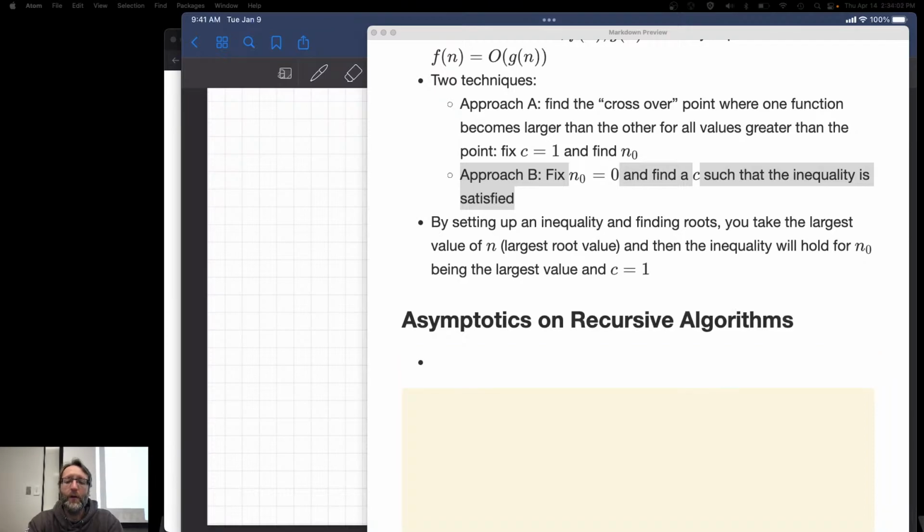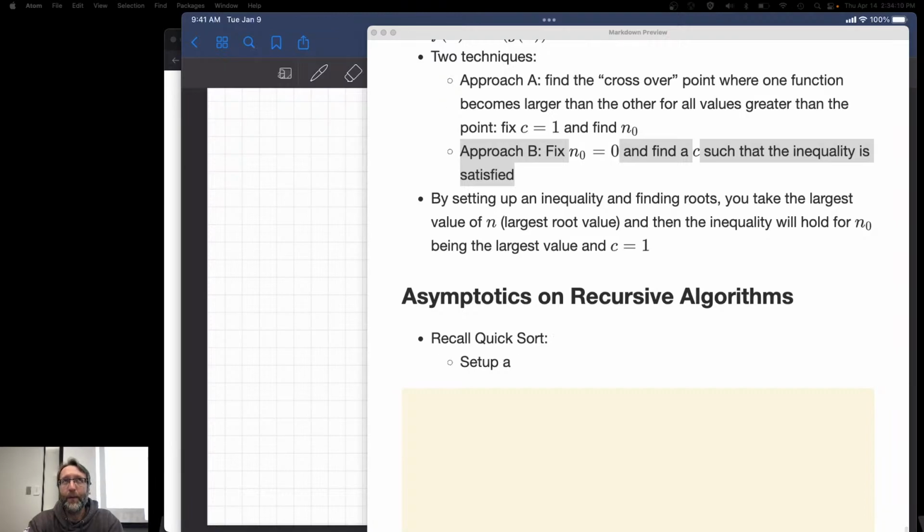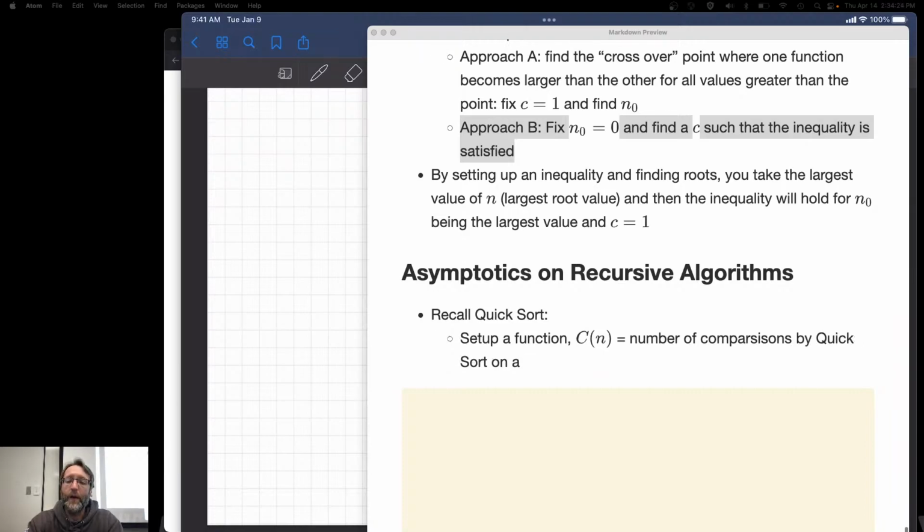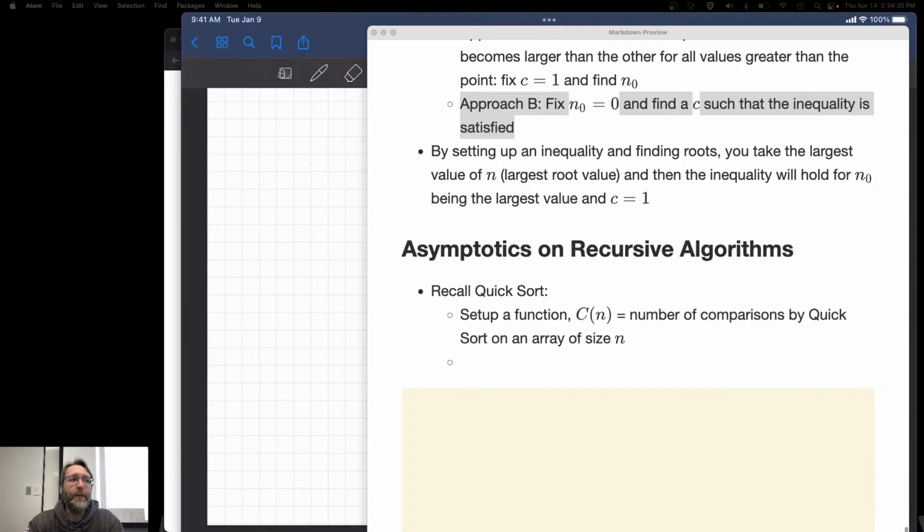Recall quicksort: we set up a function c sub n to be equal to the number of comparisons by quicksort on an array of size n. And then we came up with an expression for c sub n, right?